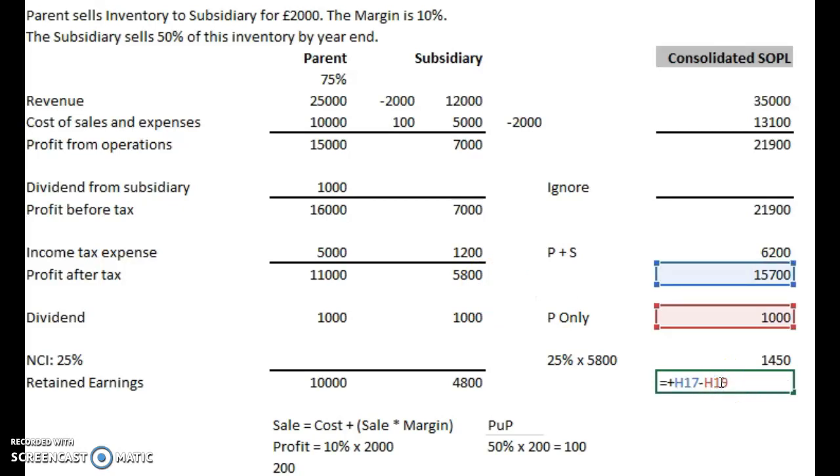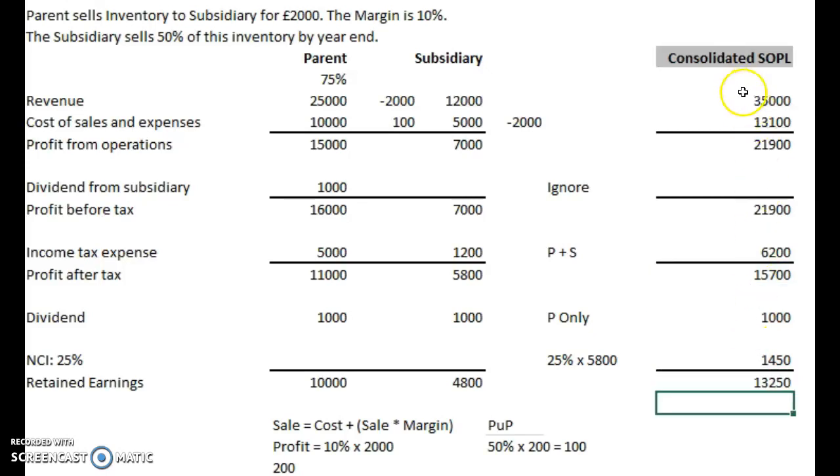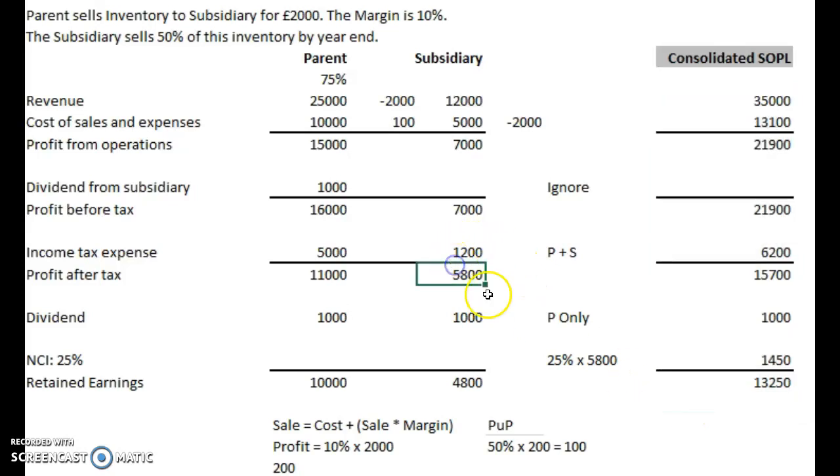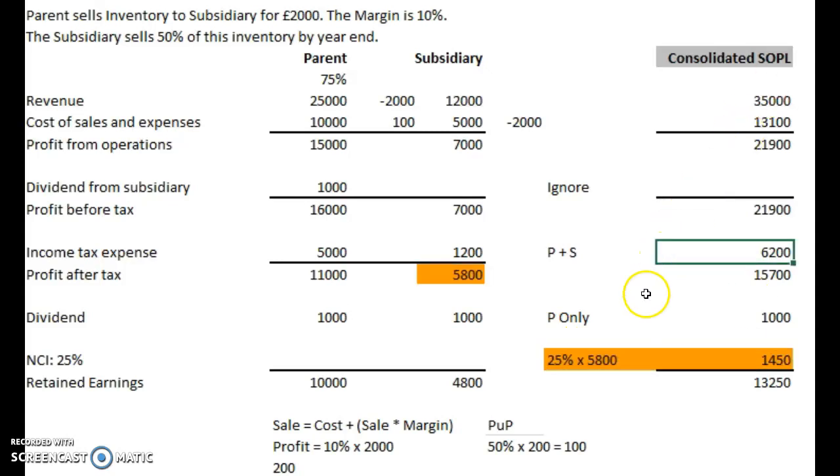And of course we have to take that figure off from our retained earnings to reduce the group's retained earnings by the NCI's portion of the subsidiary's profit after tax. Let me just highlight those so you can see that they're all connected. And there we are, 13,250 is our final retained earnings for the group.